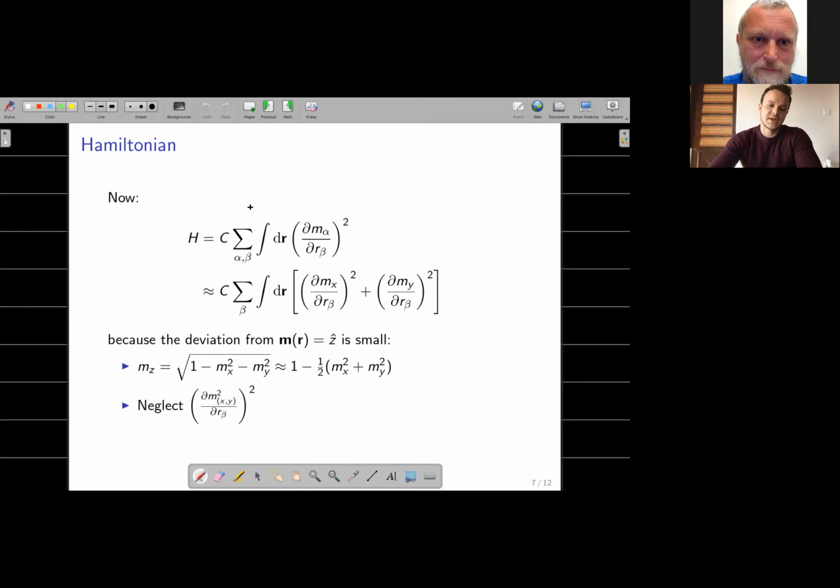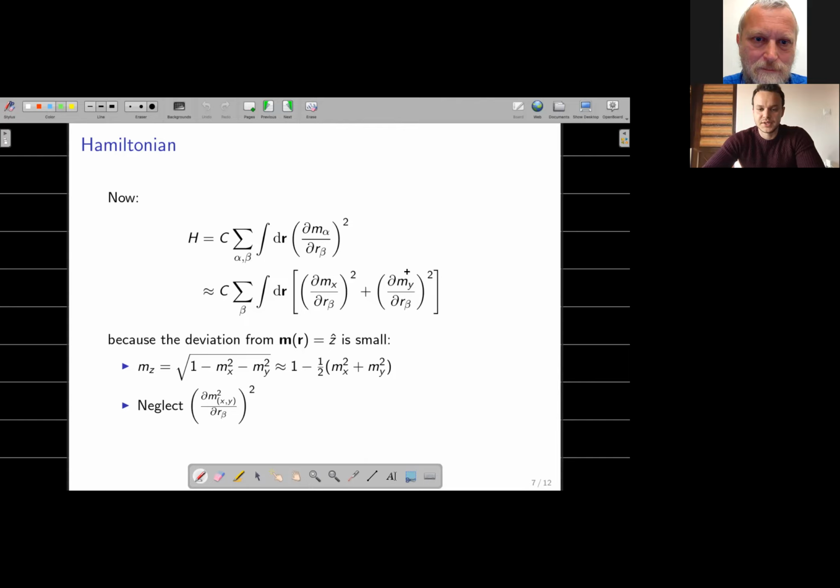We can choose any direction in this case, it does not matter, but we're going to choose again the z direction, and look at the fluctuations around this direction. I have skipped several steps here. Let me remind you, alpha and beta are x, y, and z.